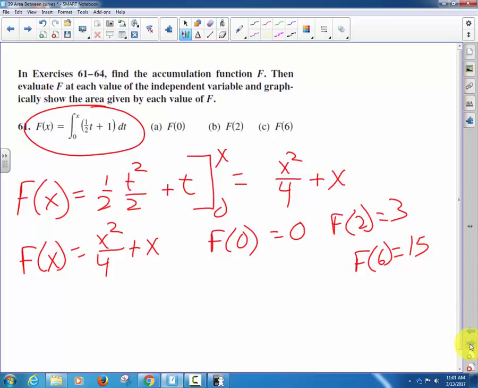Okay, but I want to be sure you understand. Graphically show the area given. So how do I show area? How have I been showing area on those other problems there? Drawing and coloring.